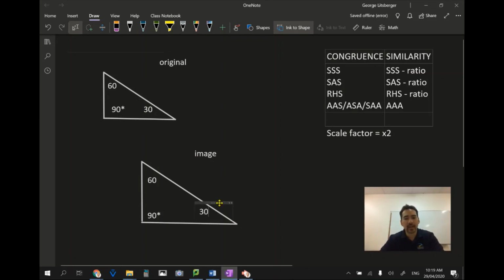And so this angle too would also have to be 30 degrees. Now, if both triangles have 3 matching angles, then the side lengths are pretty much irrelevant because these two triangles would have to be similar. Okay, so this is the fourth rule for similarity.